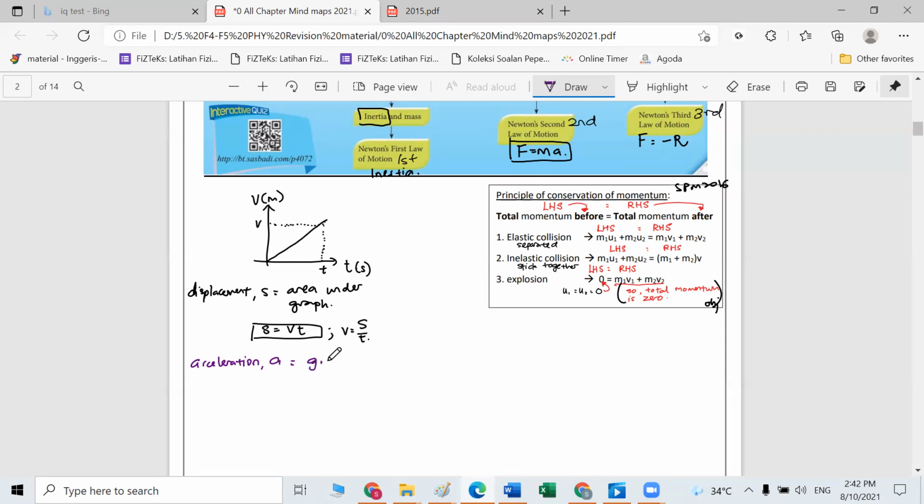So acceleration is gradient of the graph. Gradient here would be V2, V1. Then here would be T2, T1. So gradient means v2 minus v1 divided by t2 minus t1, means v over t. So v over t is acceleration. Now get it?